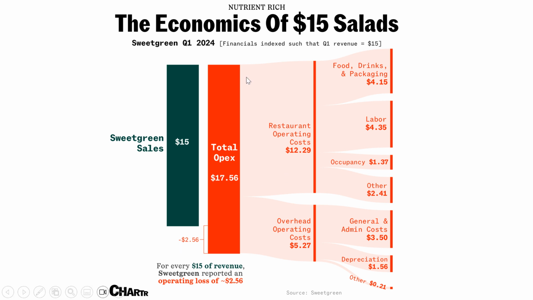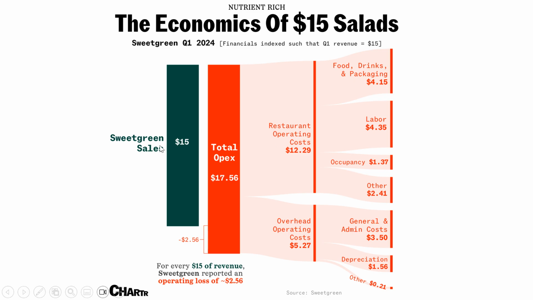So if they sell one salad for $15, it looks like the cost of operating, generating that salad is $17.56. And breaking that down into some of its individual components, there are the operating costs with the actual location. So we were looking at a $15 salad in Indianapolis.